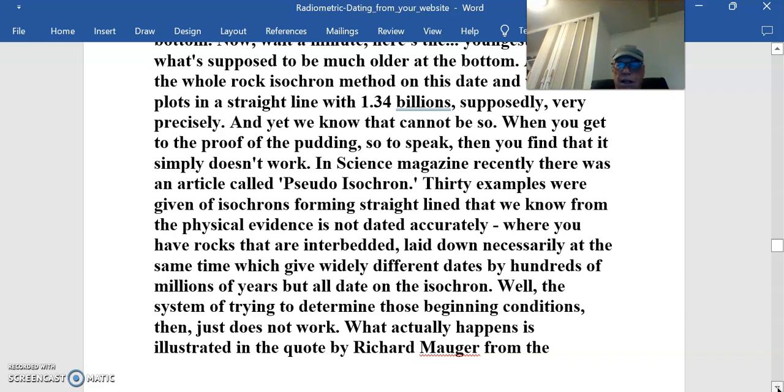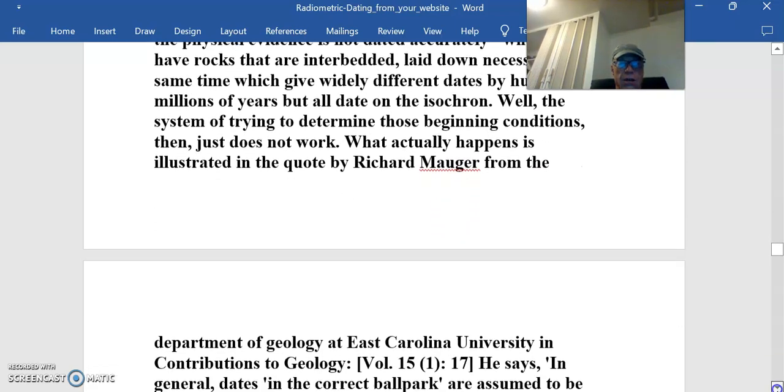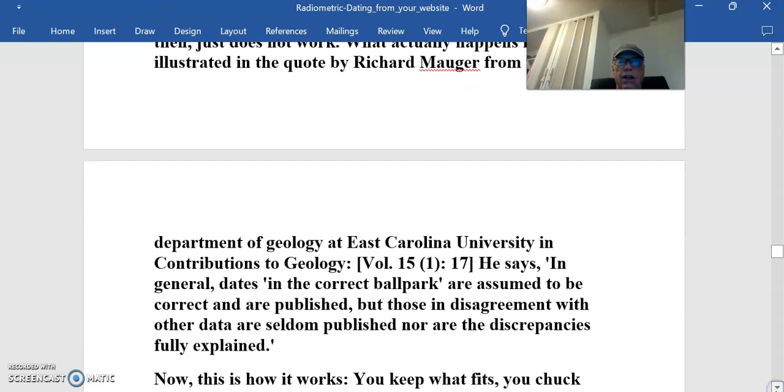What actually happens is illustrated in the quote by Richard Mulger from the Department of Geology at East Carolina University in Contributions to Geology. He says, "In general, dates in the correct ballpark are assumed to be correct and are published." Yeah, what you think should be the ballpark.